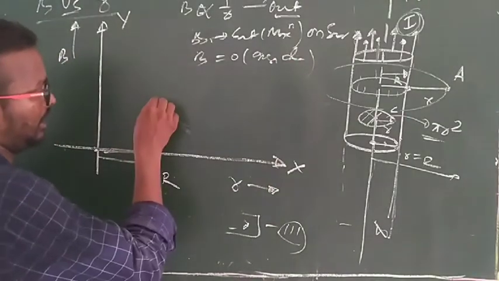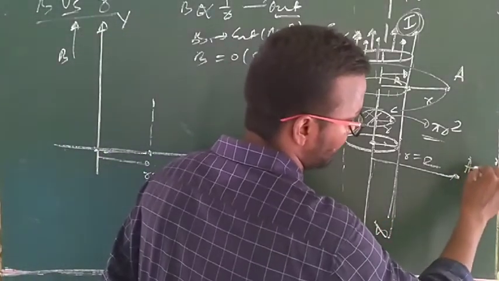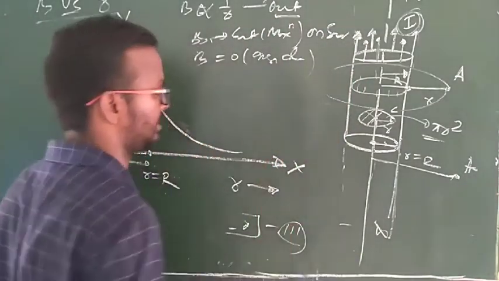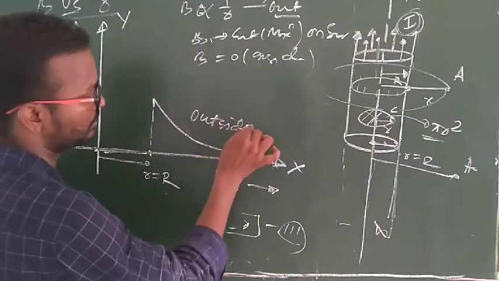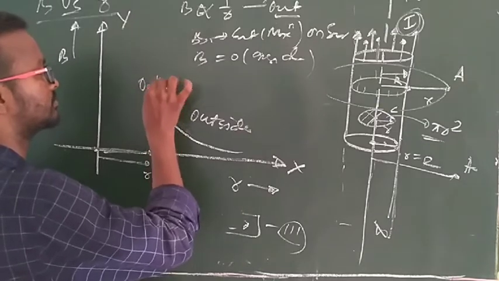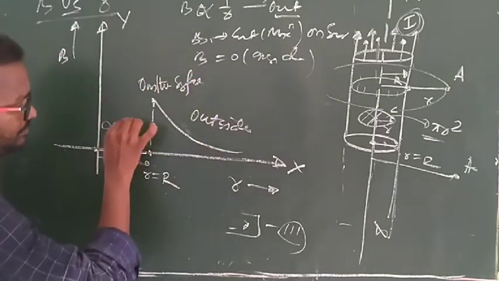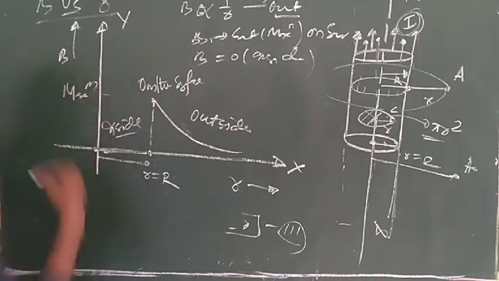So if we take another point outside, the magnetic field strength decreases. This is the graph. Clear? This is outside, this point is on the surface, and this point is inside. Clear? And at this point the magnetic field is maximum.